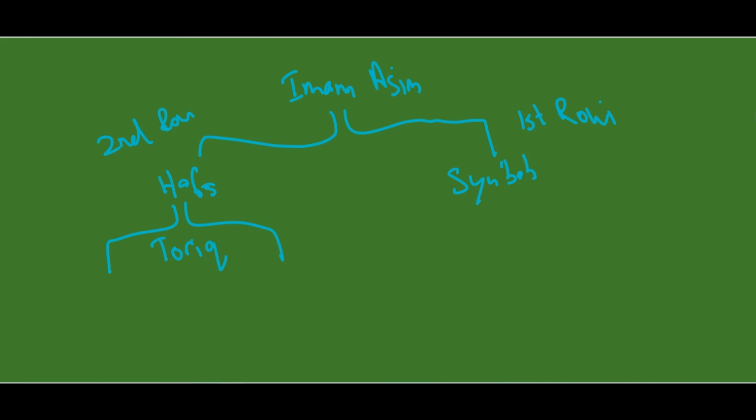The first path is Shatibiyah. And the second path is Jazariyah. Okay, who are these two paths? And what are these two paths?